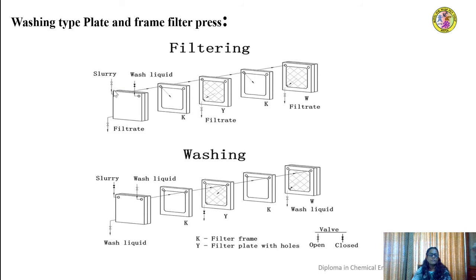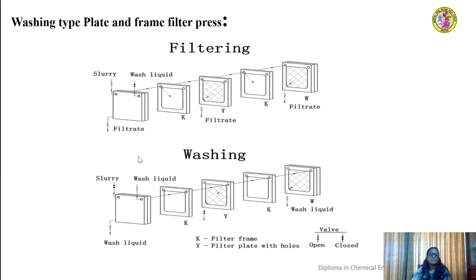Here slurry enters, flows through the channel, and when it comes to each plate, there is an inner core from each plate through which it enters the chamber that is formed between two successive plates. There is a space here because of the empty space in each frame. Here filtration takes place until the entire space is filled with the filter cake.